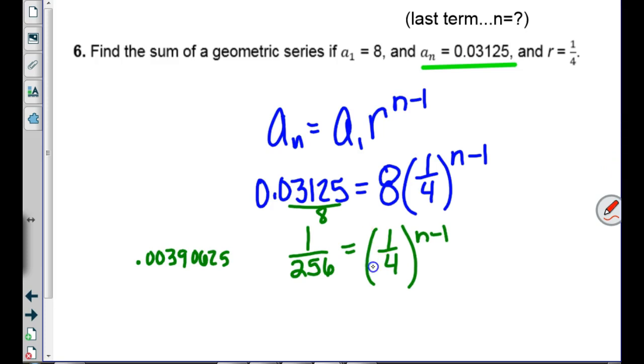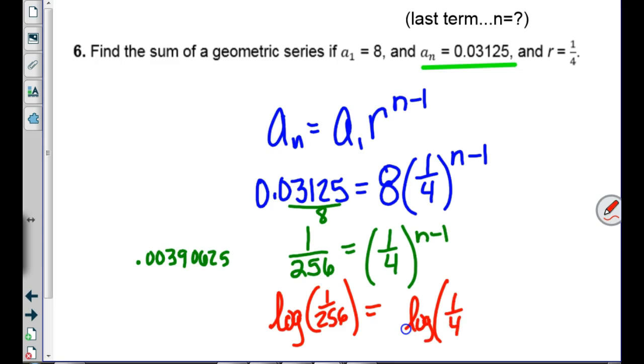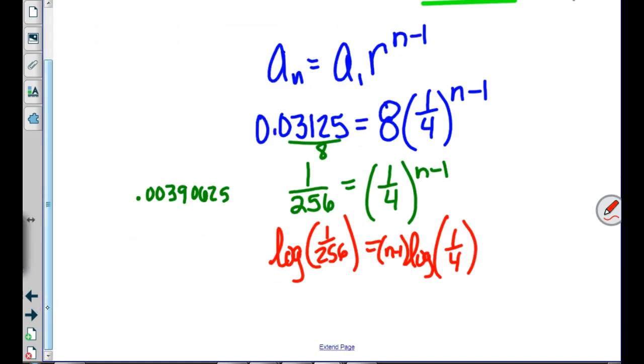I was very impressed. Remember, you have to take the log of both sides, but it's not going to be a big deal. When you take the log over here, what happens to the exponent? It moves out in front here. So then what are we going to do?